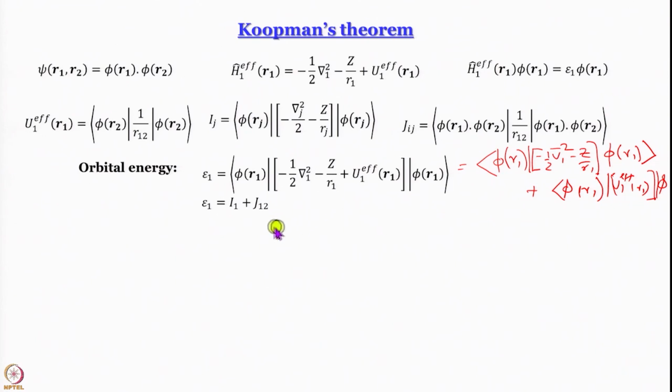I hope it is not very difficult for you to see that this U1 effective actually contains this phi r2 star 1 by r12. You might be wondering, the way I have written it here in my bad handwriting, how am I equating this to J12? That is because you have to plug this in there as well, U1 effective of r1. So, all this will go in there, that is how you will get it.